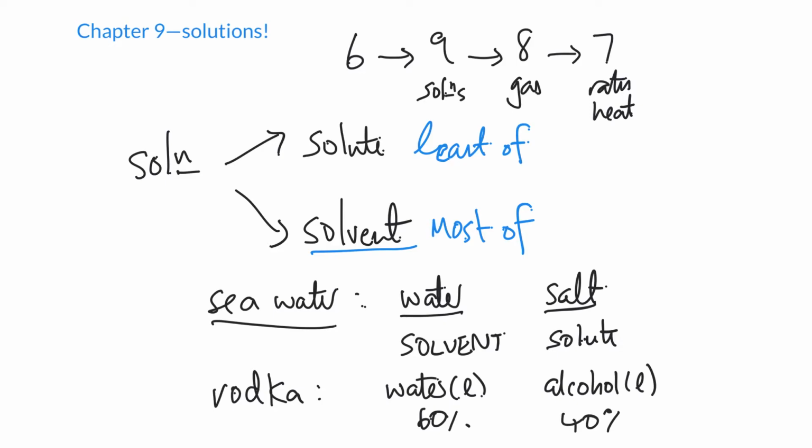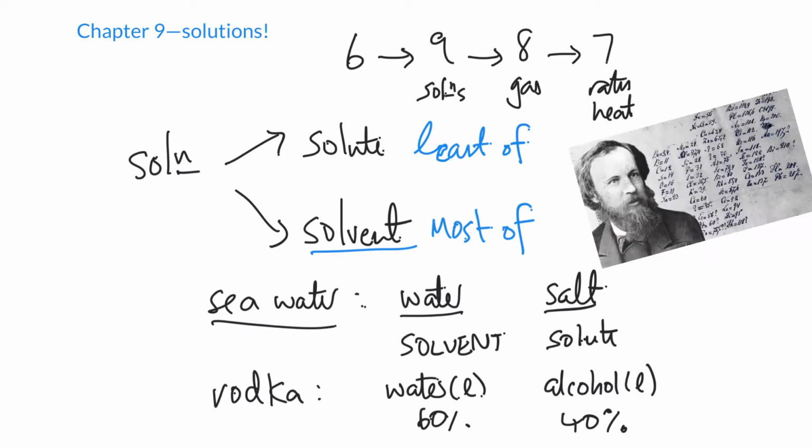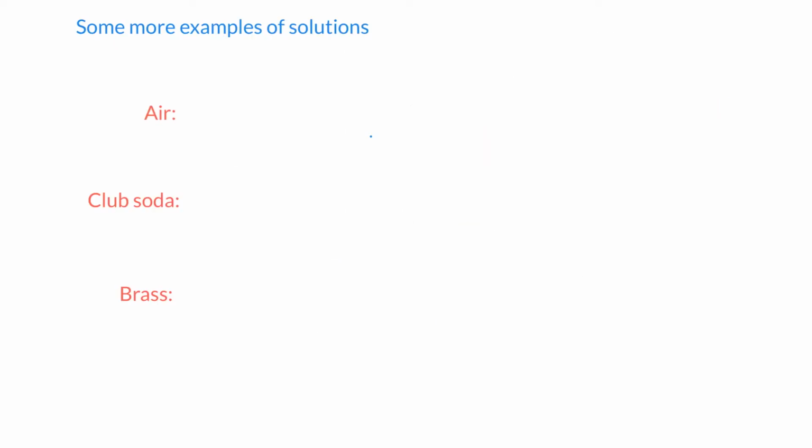In fact, Dmitri Mendeleev, the guy who discovered the periodic table, was commissioned by the Russian government to figure out the best ratio of alcohol to water. And here's a very nice picture of Mendeleev with his periodic table. It looks a little weird to our eyes, but Mendeleev was the guy who figured out that optimal vodka water-alcohol ratio.